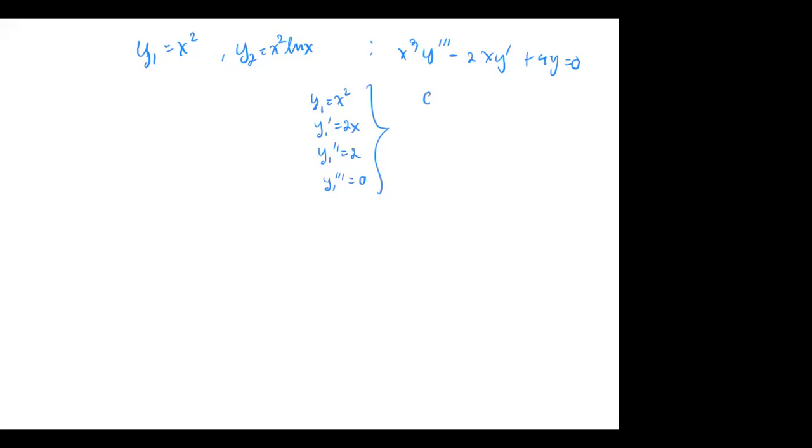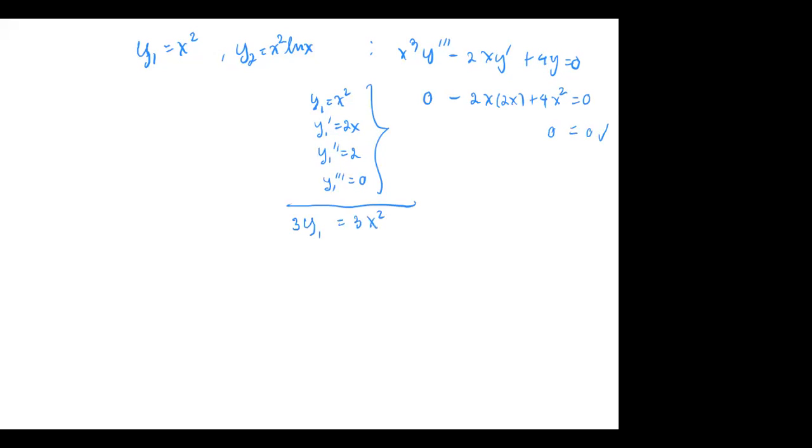So this can be 0 minus 2 times x, this is y prime, yes, y prime is 2x, and then plus 4 times y, which is x squared, equals 0. Yes, 0 equals 0. Check. And by the corollary, if you multiply y1 by some number, for example 3, so 3 y1, which is 3x squared.